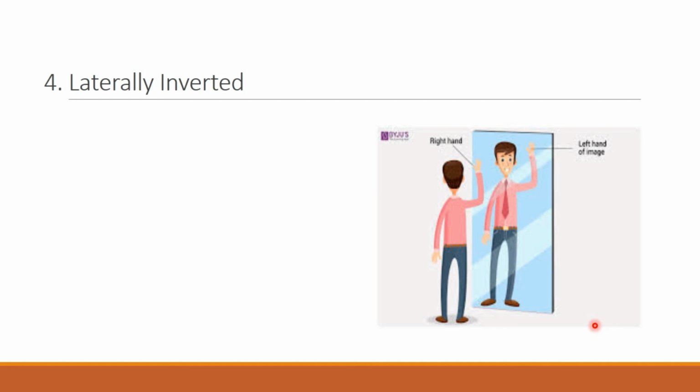So this is the example of laterally inverted. In the same manner, in the alphabets, you can check which alphabets appear laterally inverted. Like B will appear laterally inverted. Tell me, will O appear laterally inverted? No, it will appear the same.